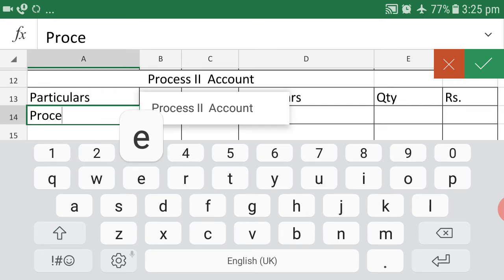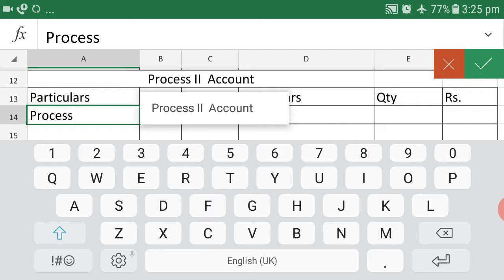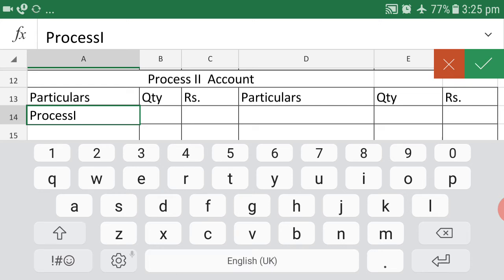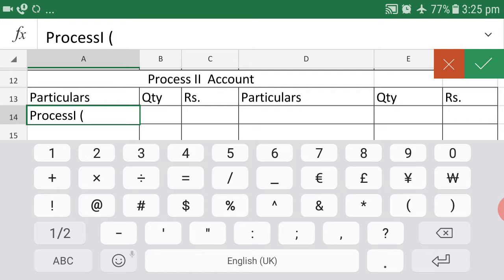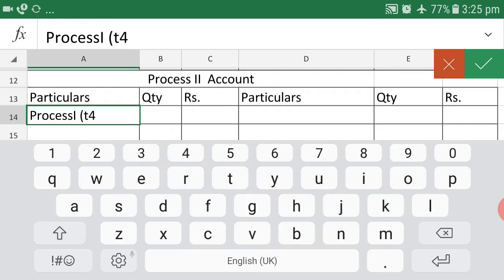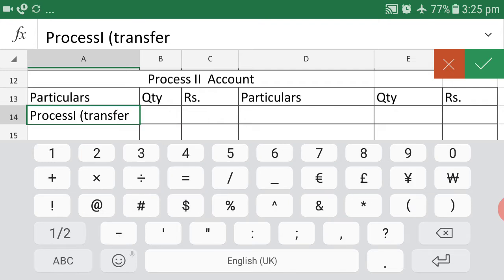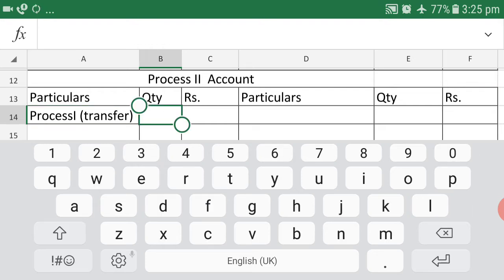Write down process 1 transfer. 19,500 is the quantity.